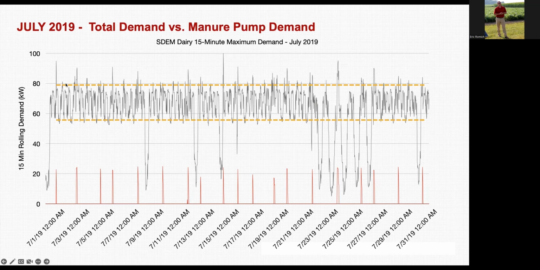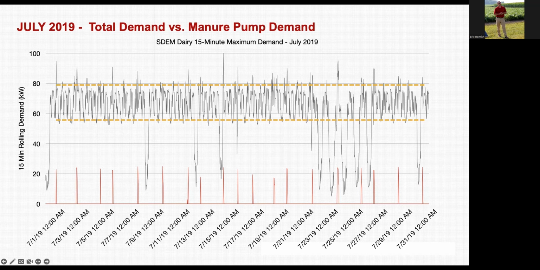And so, thinking about how a farm is operating, what this lends itself to is the question: well, what's causing these spikes above this normal operating zone? On the bottom of the chart, what we see in red are the manure pump profiles.